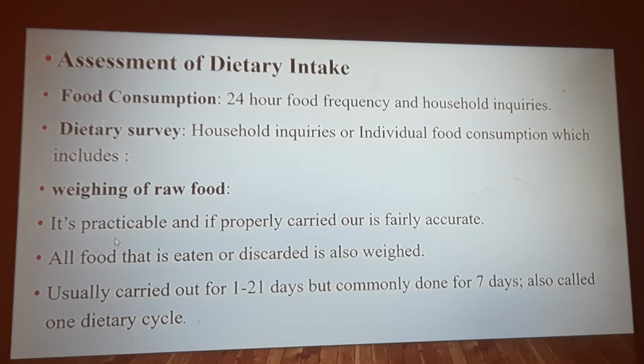It is practicable and, if properly carried out, very accurate. All food that is eaten or discarded is also weighed, like what they are not taking, that also we are assessing.